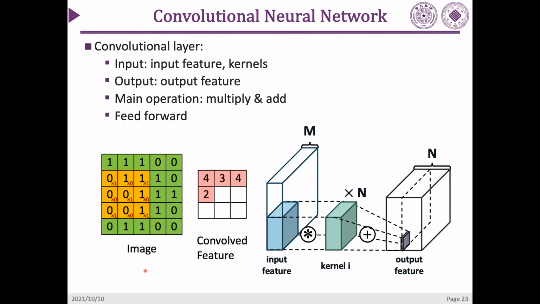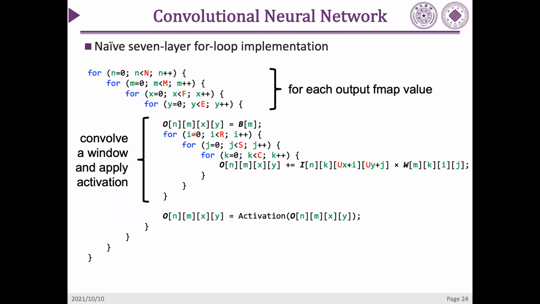The main arithmetic operations are multiplication and addition. Like this figure shows, the main operation is multiplication and addition, and this is a feed-forward operation. And this is the very naive 7-layer for-loop implementation of the convolutional neural network. This is also the simplest way, with loop operations. But calculating the loop directly is very time consuming.